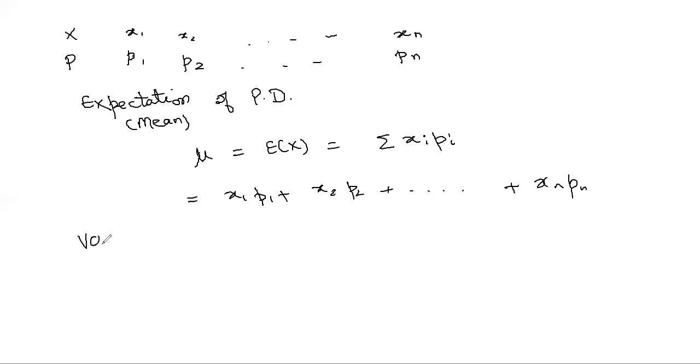Now the variance of a discrete probability distribution practically has the symbol sigma square.